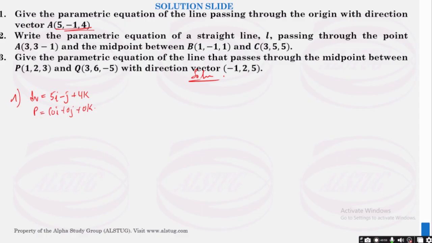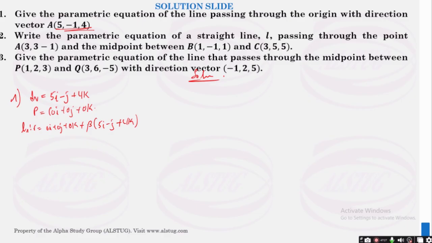Now, based on this, we know that its vector equation L1 will be 0i plus 0j plus 0k plus beta, we choose beta, times 5i minus j plus 4k.